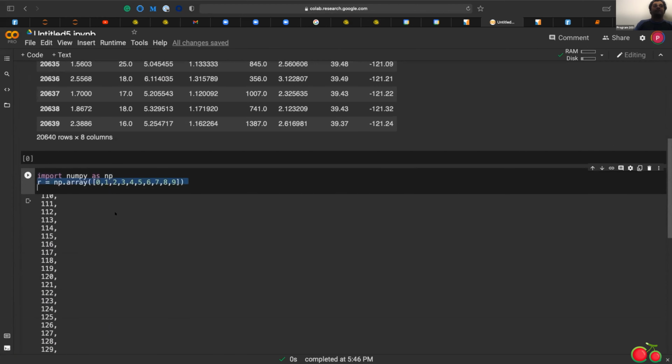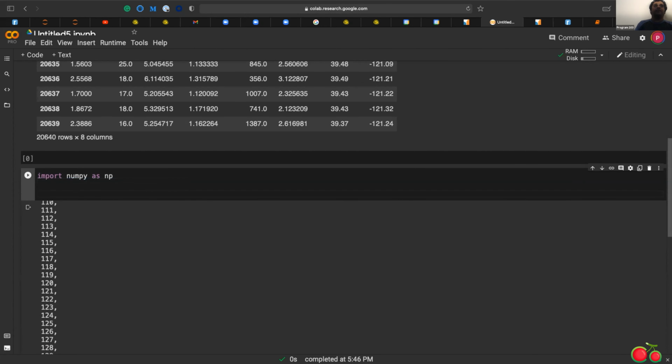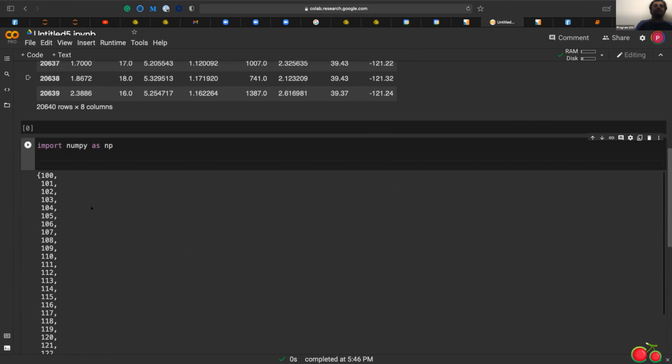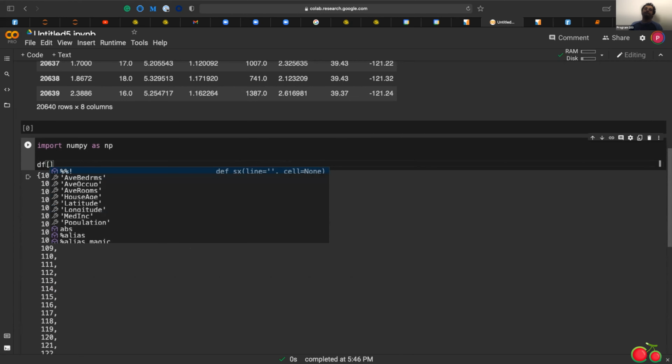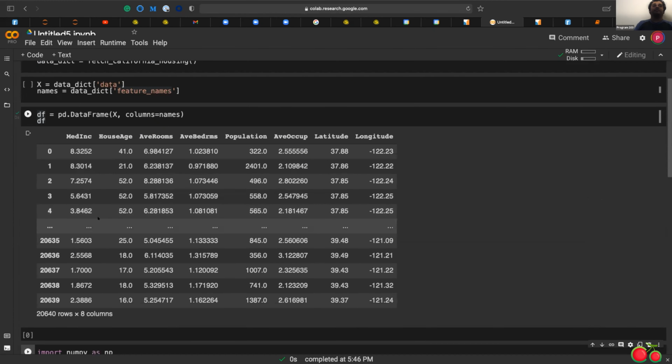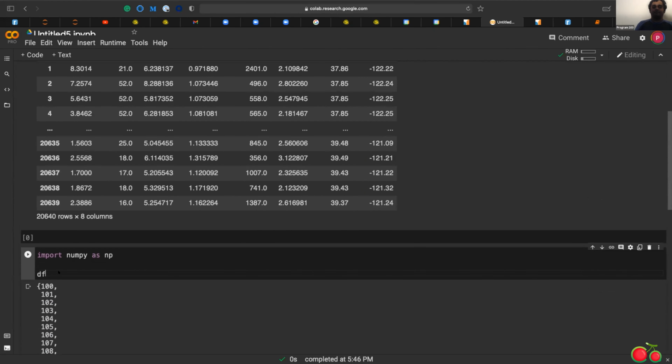Can someone tell me how I can get a row of data from this data set from DF? What do I have to write to get just a row of data from this? Dot head.